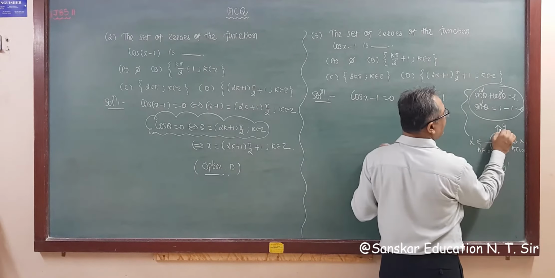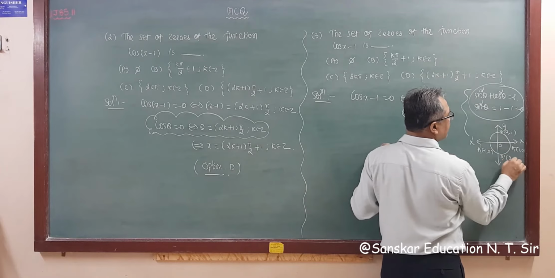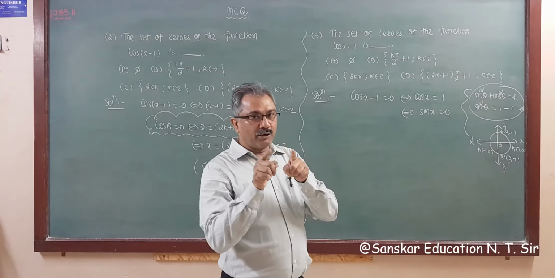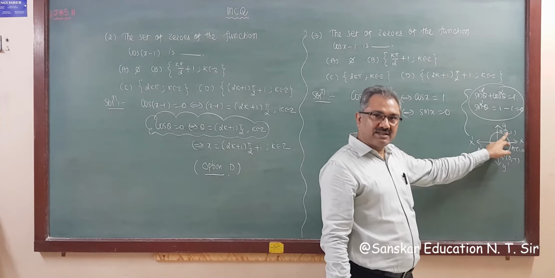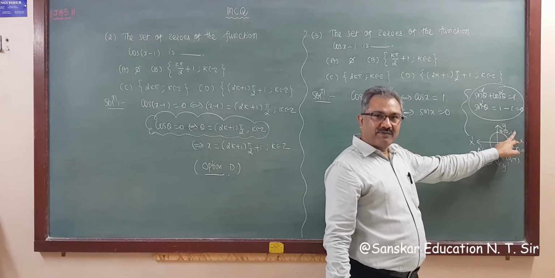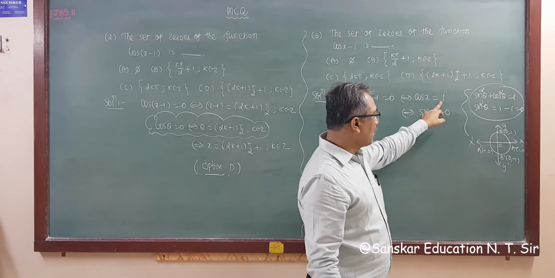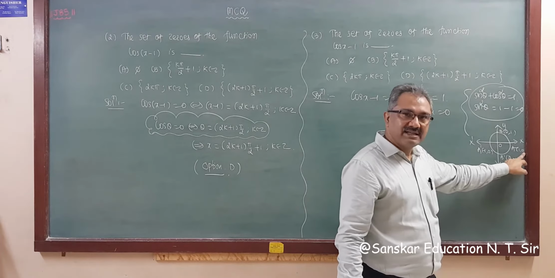This point is B(0,1), and this is point B'(0,-1). So cos is the x coordinate and sin is the y coordinate in the trigonometric point function. Now cos is 1 means this point is here. So cos is 1, then sine is 0.